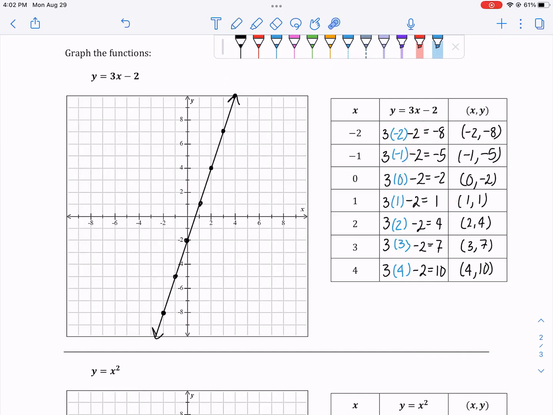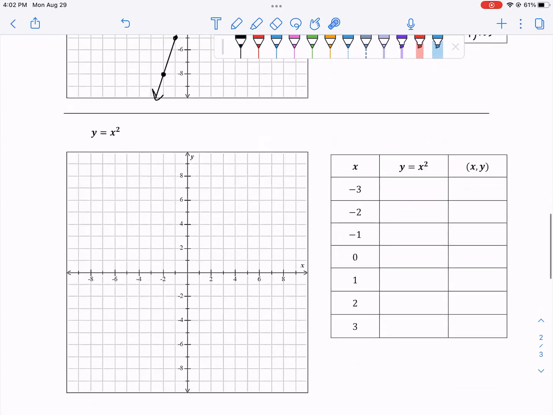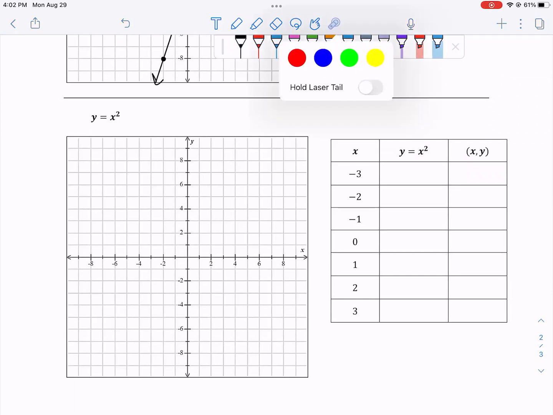I'm going to do one more example. I'm again going to do the first two x values, then pause the video, fill in the rest of the table, and finish graphing. So scrolling down here, the function we're working with now is y equals x squared. So I'm going to take x equals -3 and plug it into this function.